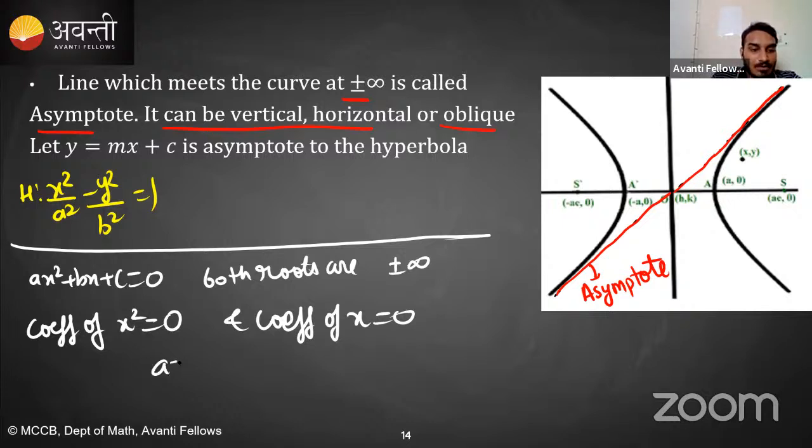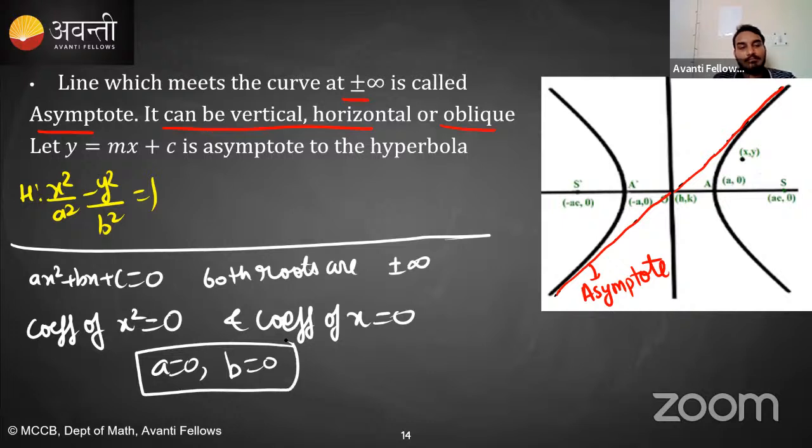This means a should be 0 and b should be 0. Is this clear, everyone?